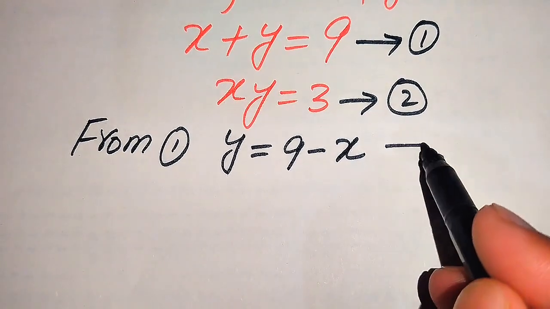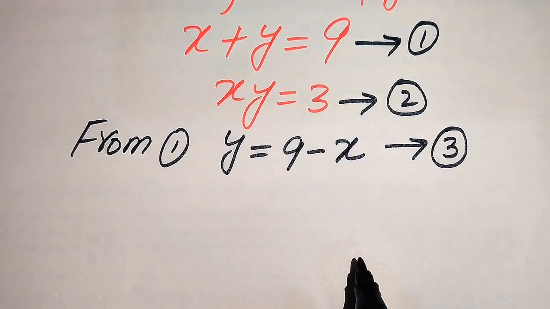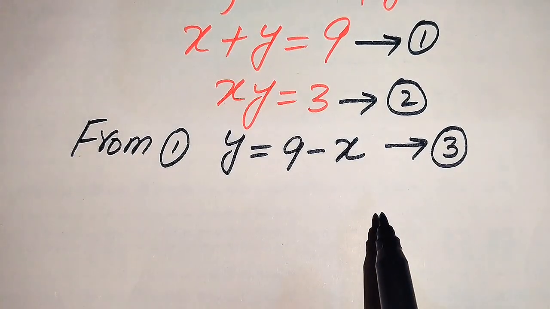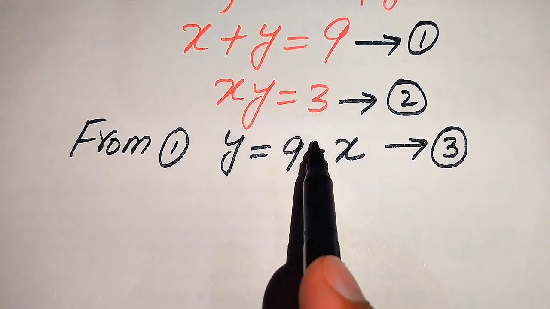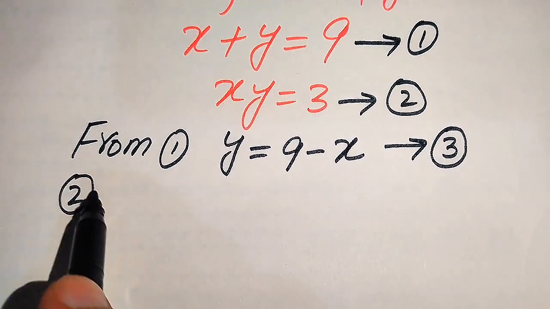So this is the value of y which we get here from equation number 1, and we call it equation number 3.